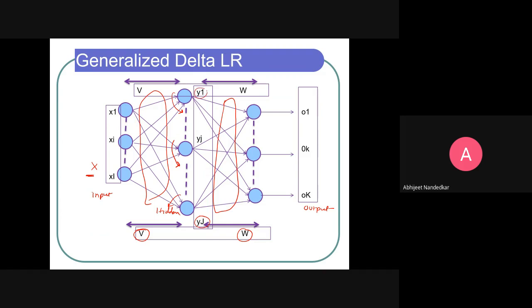It will produce y1, y2 up to y capital J. This is multiplied with the W matrix for the output layer, passed again through some activation function, and it will produce output O1, O2, O3 up to O capital K. Here K is equal to the number of classes we want to learn.